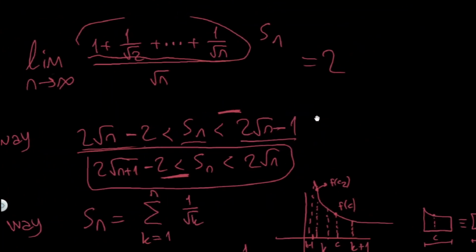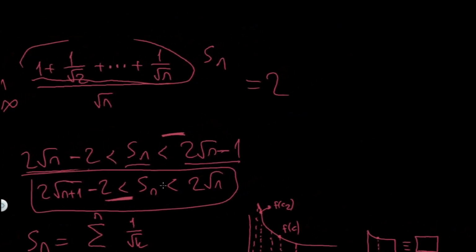So now I found lower and upper bounds for Sn. So now I can find the answer if I just squeeze this thing. Okay, so I know that Sn is between 2 square root of n plus 1 minus 2 and 2 square root of n.